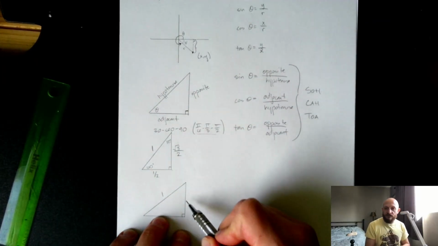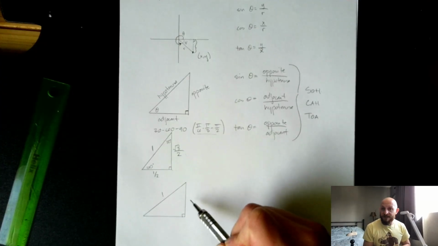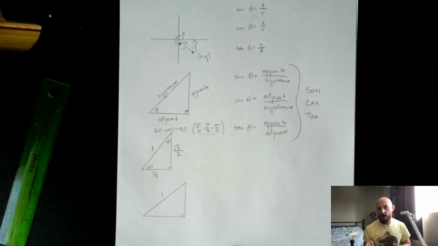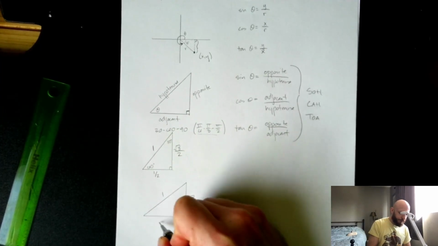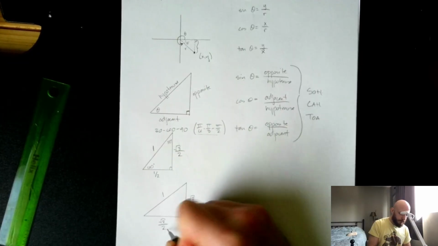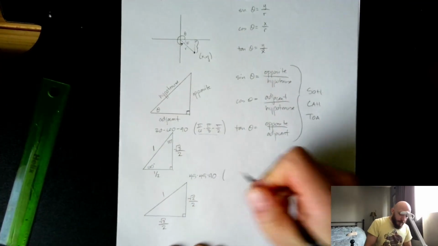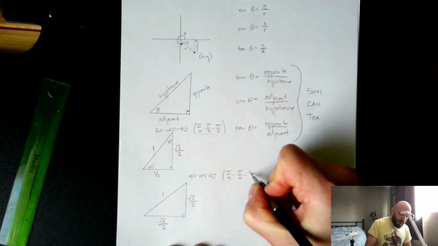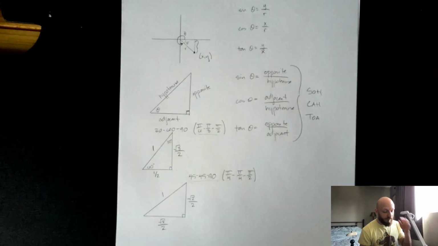If we wanted to find these two sides, it's again just the Pythagorean theorem. So if you call each of these sides a length of x, then x squared plus x squared equals 1, and you can solve for x from there to find that each of these sides is a length of √2/2. And this is a 45, 45, 90 triangle, or again, maybe a little bit less common, a pi over 4, pi over 4, pi over 2 triangle. Yeah, it's weird. Some textbooks say that. I think 45, 45, 90 and 30, 60, 90 roll off the tongue a little bit easier.